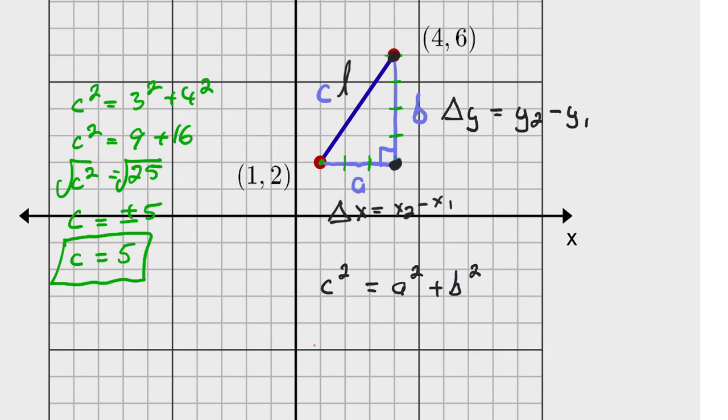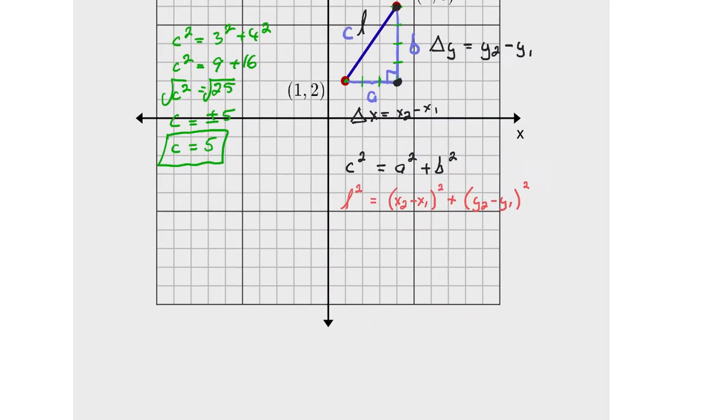So that means that length squared, or C squared, equals the change of x squared plus the change of y squared. I've got a there first, so I'll do the change of x. I'm going to put that in brackets. So the change of x is (x2 minus x1), I'm going to square it, plus the change of y squared.